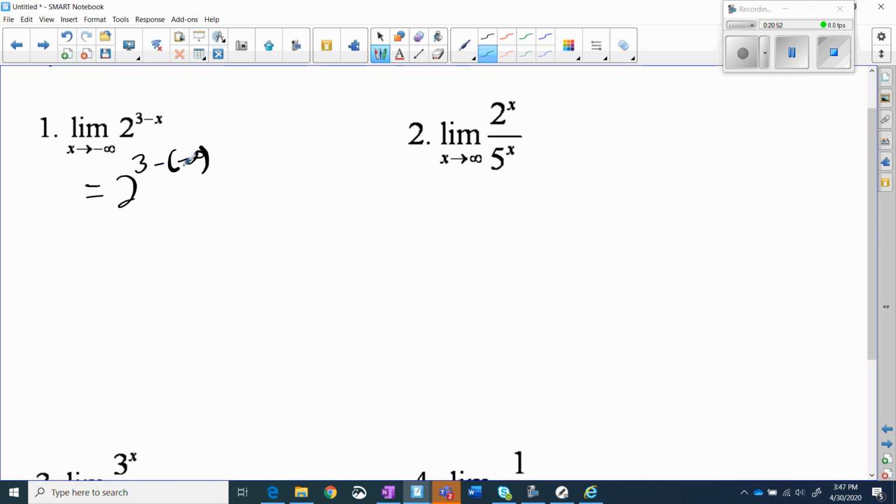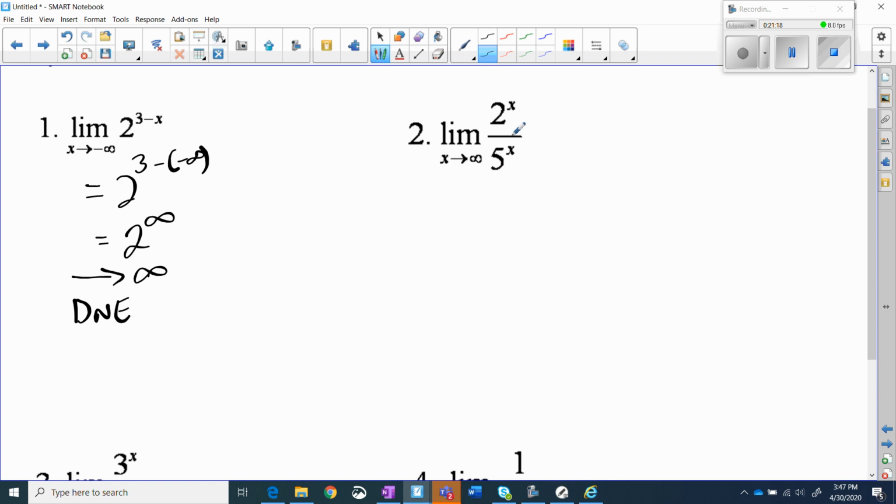Well, negative is going to be plus. So if you take an infinitely big number and you add 3, that's really not going to do a whole lot other than tell me that exponent is really big. So if you have the base 2 and you raise it to a really big exponent, you're just going to keep getting bigger and bigger answers, which means you're not going to be getting close to any specific number. It does not exist.